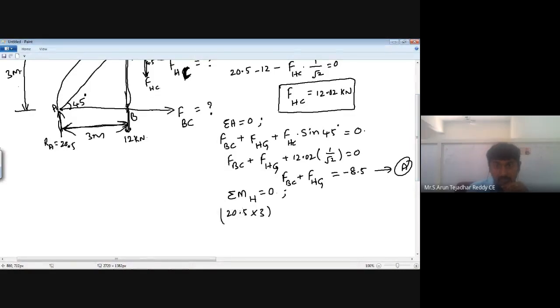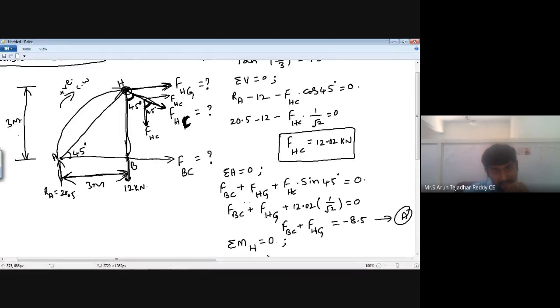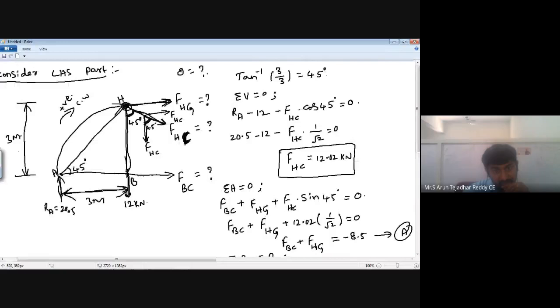And one more force is acting, that is FBC. Moment about H means the direction is right side from B to H. It means it is moving like this, in this direction.